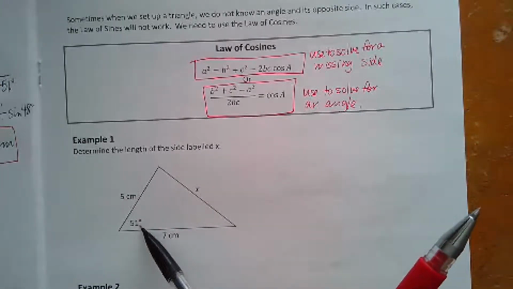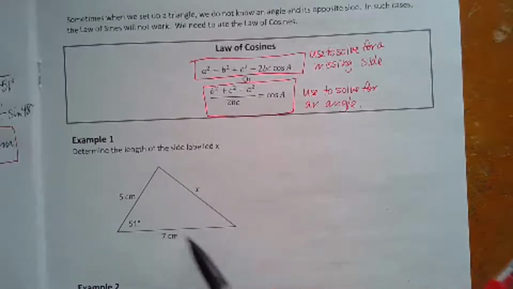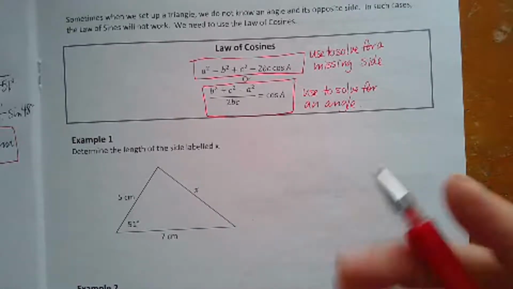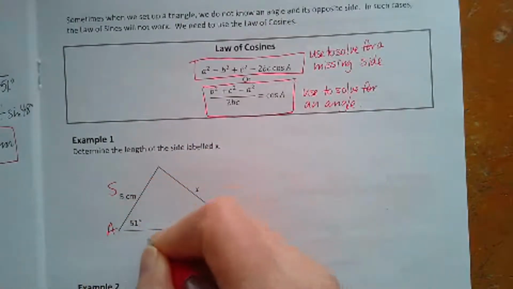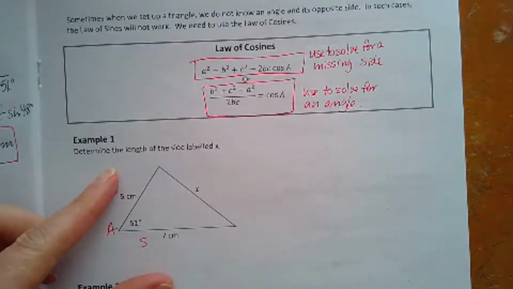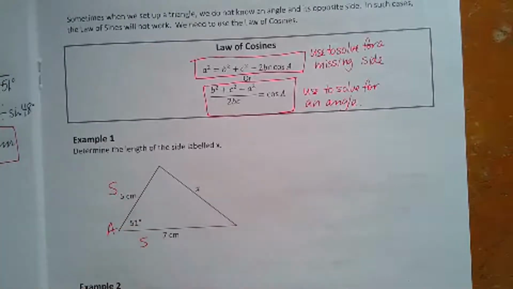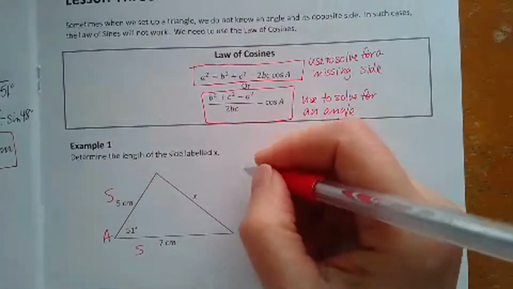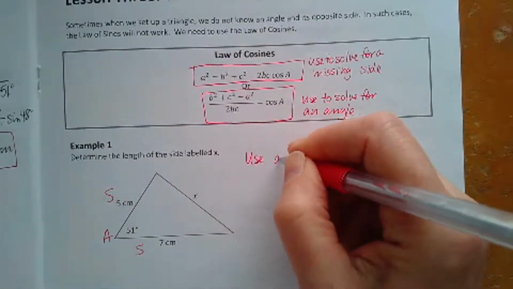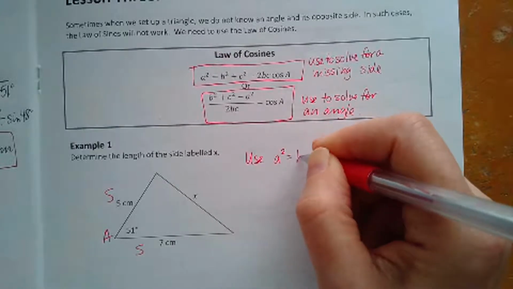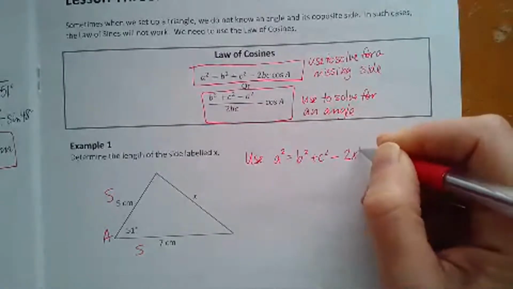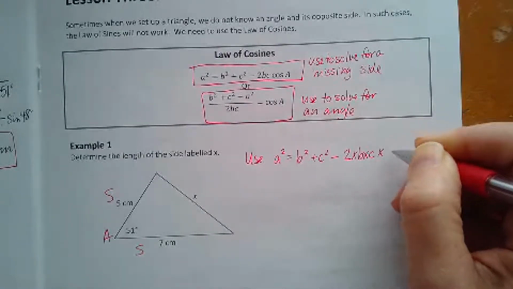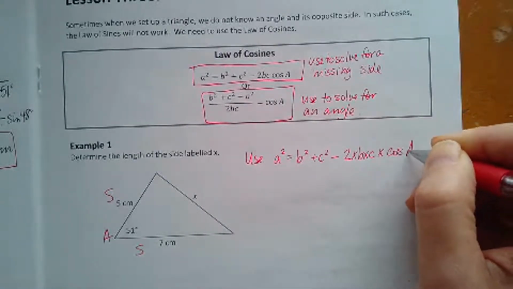So I have an angle, this side's missing. I don't have any other angle, so it's definitely law of cosines. And this is where all the information's in a corner, like the angle is sandwiched between two sides, the sandwich triangle. So we're going to use A squared equals B squared plus C squared minus 2 times B times C times cos of A.